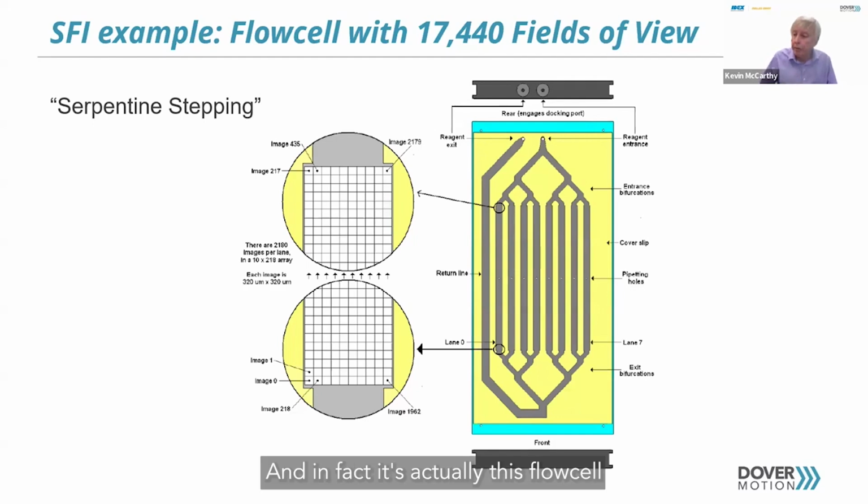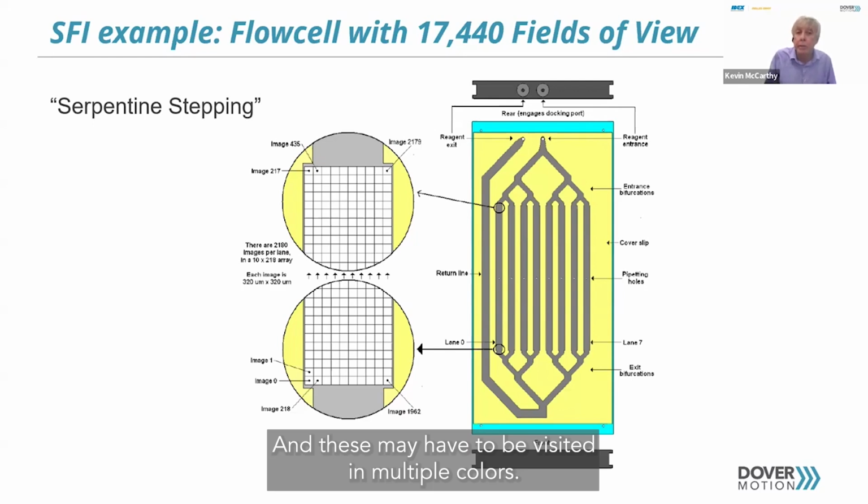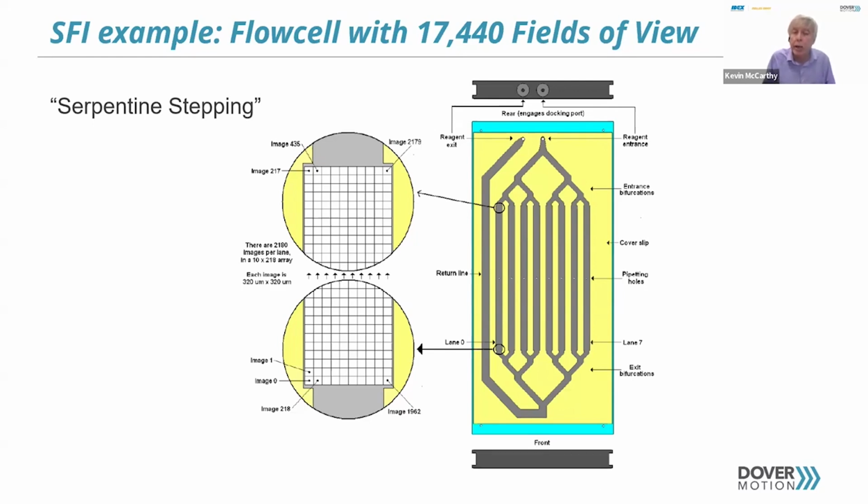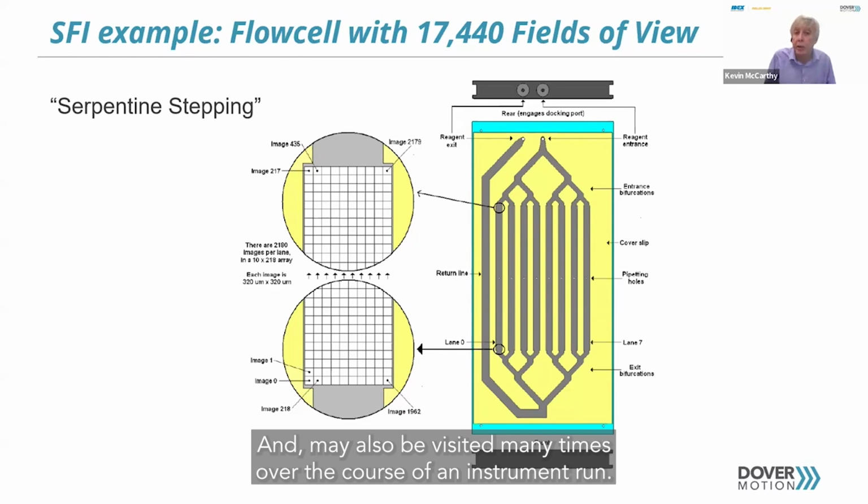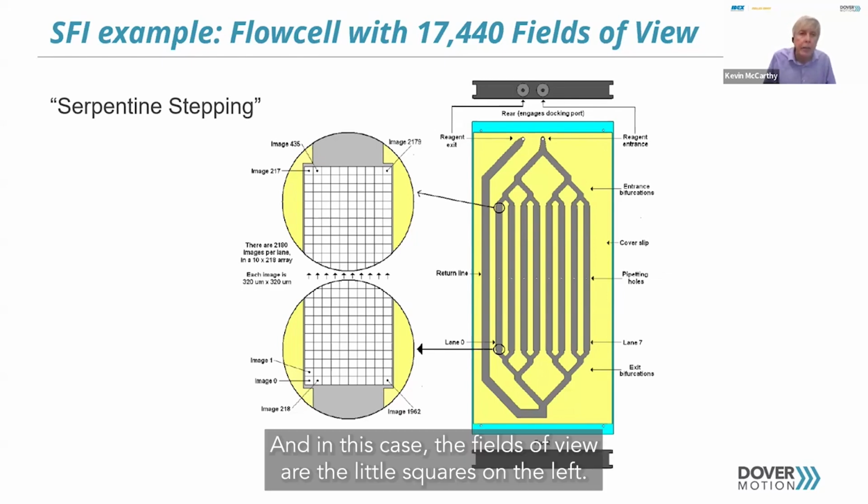Here's an example, and in fact, it's actually this flow cell I'm holding up, where the flow cell has 17,440 fields of view, and these may have to be visited in multiple colors and may also be visited many times over the course of an instrument run. In this case, the fields of view are the little squares on the left.